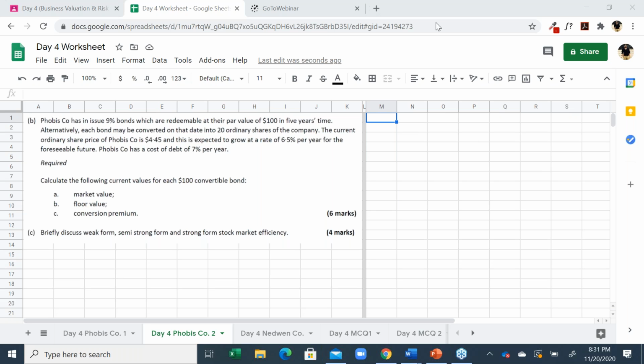We started business valuation in the last session and we will continue with business valuation and then we will solve a few questions on risk management.